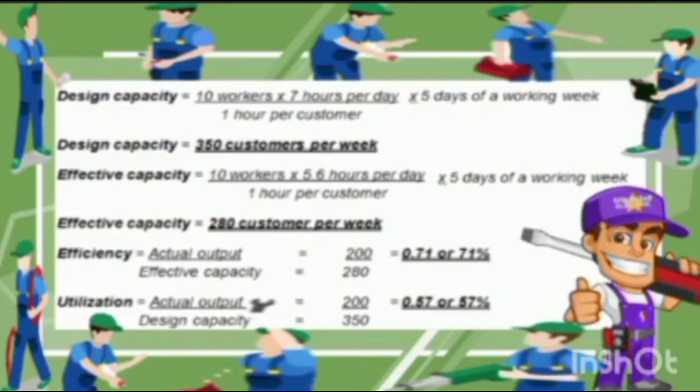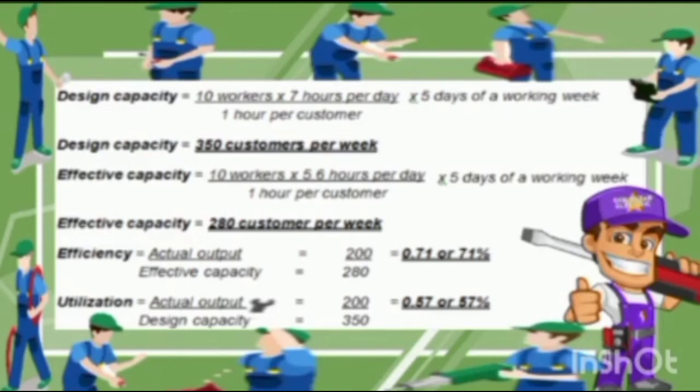So, design capacity is equivalent to 350 customers per week, while the effective capacity is equal to 10 workers times 5.6 hours per day times 5 days of a working week over 1 hour per customer. So, effective capacity is equivalent to 280 customers per week.